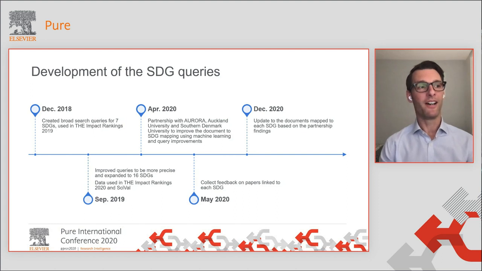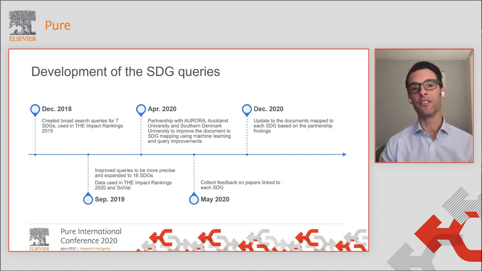As part of my work, I wanted to put these into SciVal, and we did some testing with customers. And as a result of this, 3 customers said, we would like to work further with you on improving the matching of documents. So I started up a partnership with Aurora, which comes from the Vrije Universiteit in Amsterdam, Auckland University, and Southern Denmark University.